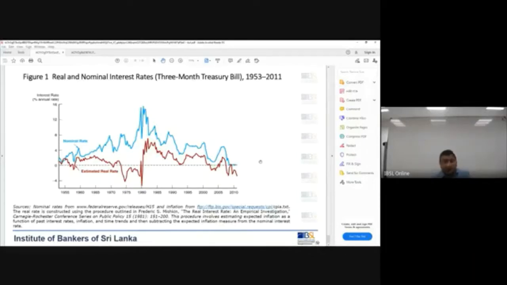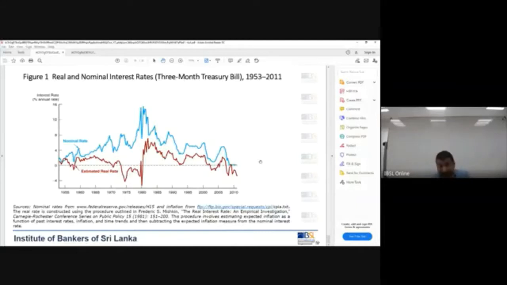Right? So negative real interest rates, almost floor level nominal interest rates, let's say 1%. Here it's not 1%, it's almost 0.25% most of the time. Even now in US, the 1-year treasury bill rate is about 0.3%, 0.25% or about 30 basis points, right?